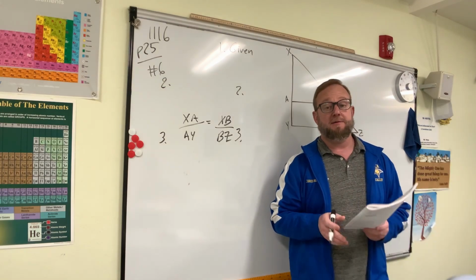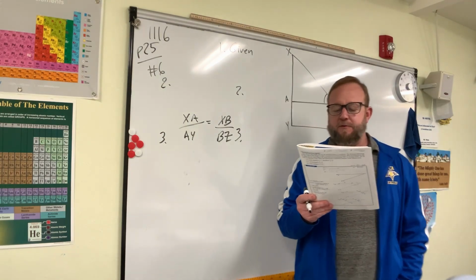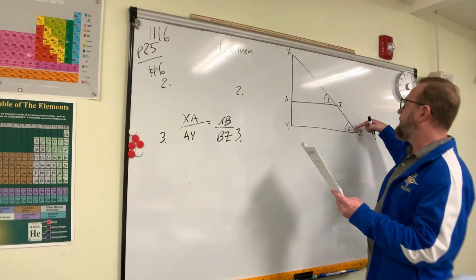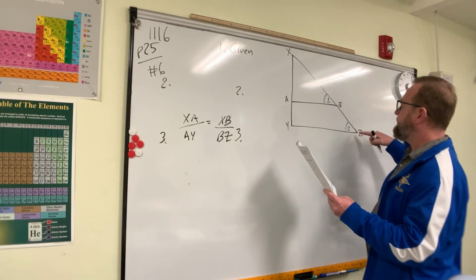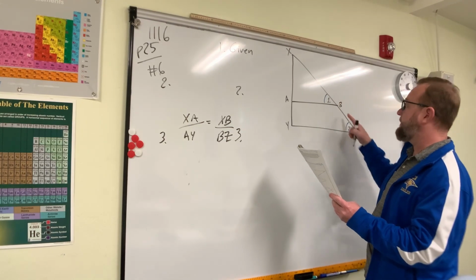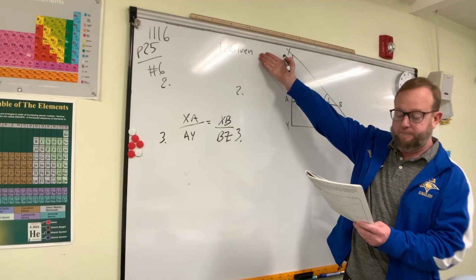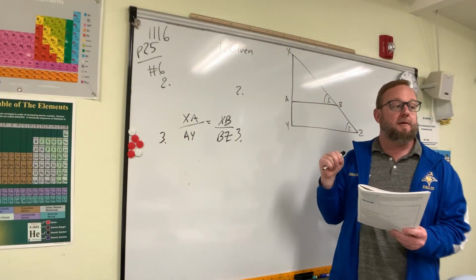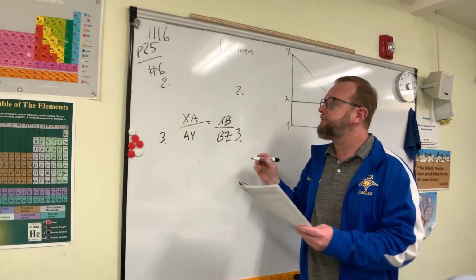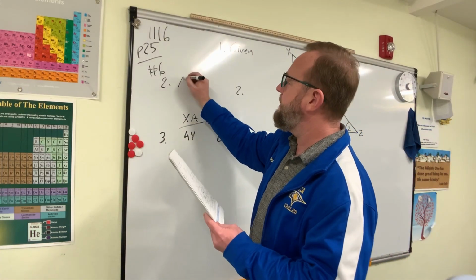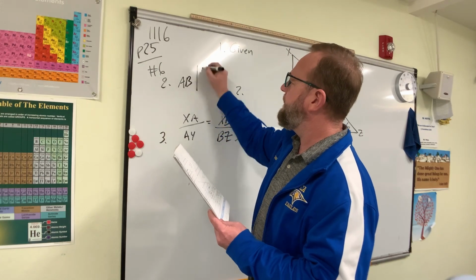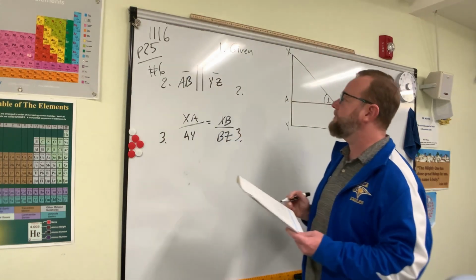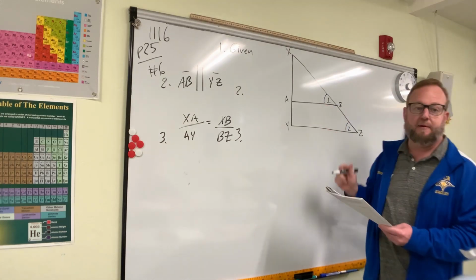Remember corresponding angles? So if a transversal intersects two lines, like this transversal is doing, such that the corresponding angles are congruent, which is what we were given, then the lines are parallel. So I can say that AB is parallel to YZ. Those segments are parallel, AB and YZ.